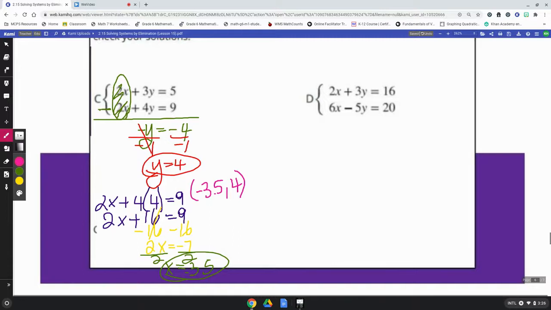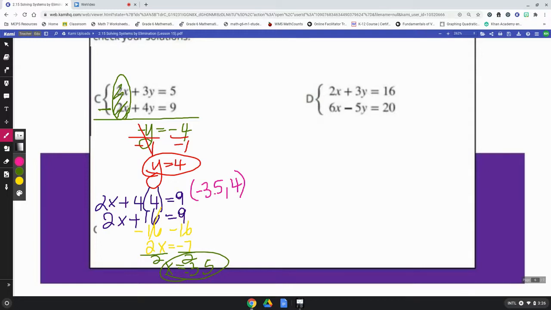Now, let's take a look at D. D is different in that none of the coefficients have the same absolute value. The coefficients for the x's are 2 and 6, and for the y's they are 3 and negative 5.